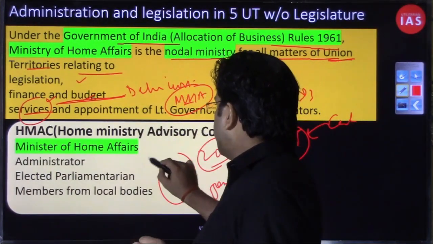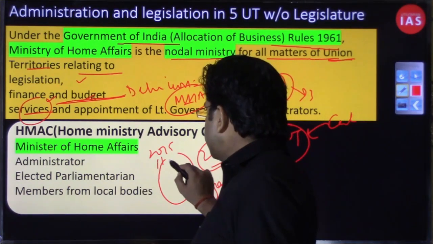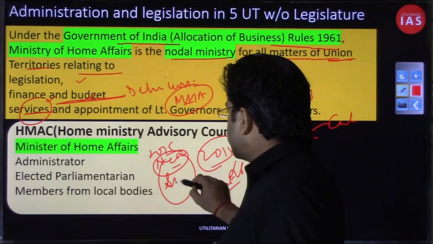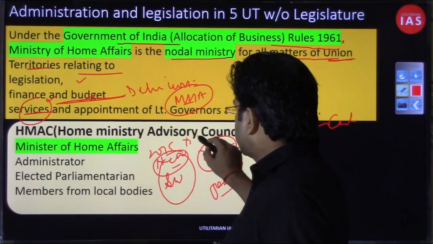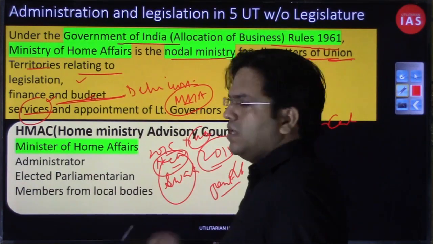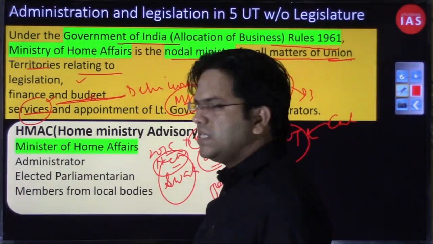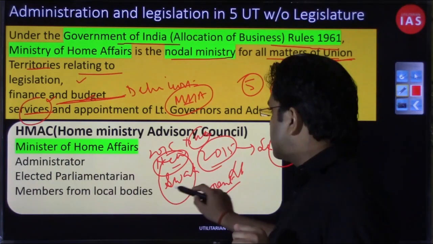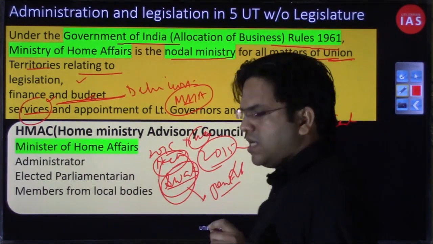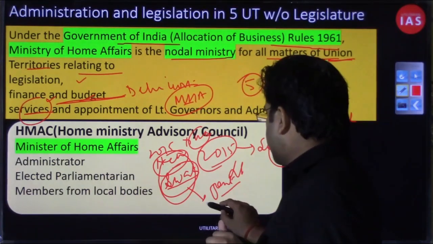In 2015, when Swati Maliwal was appointed head of the Delhi Women Commission, this LG appointed by the center objected: why was my recommendation not sought? Then you had the appointment of the Discom board secretary, right?